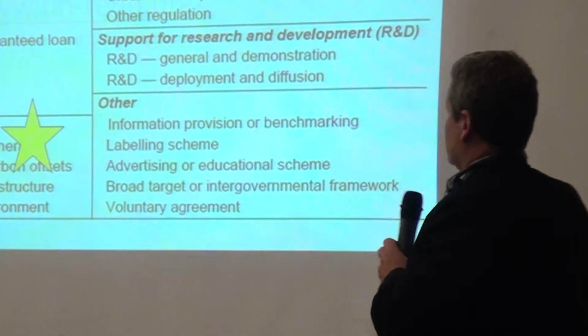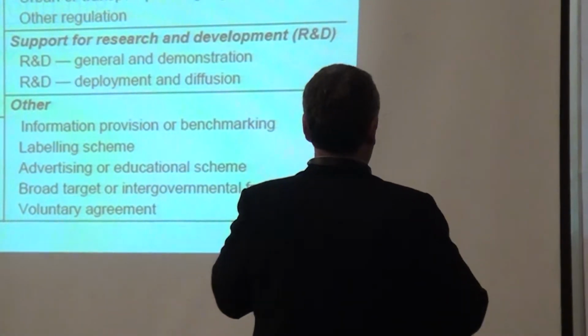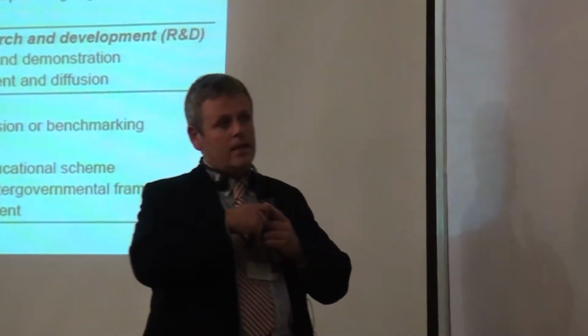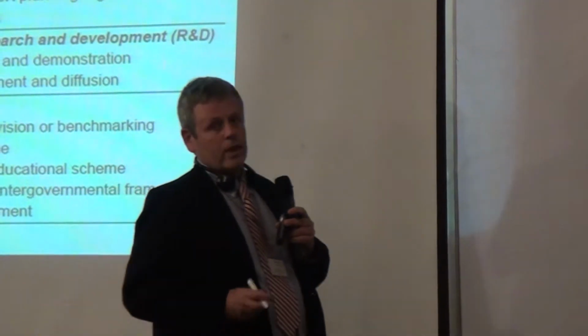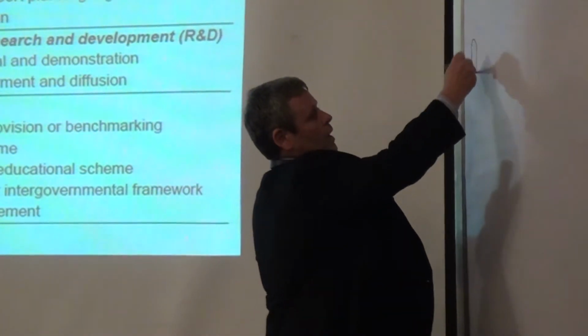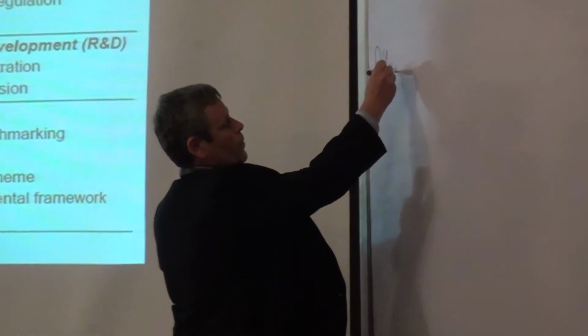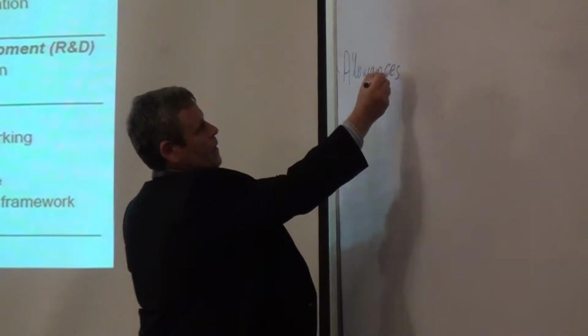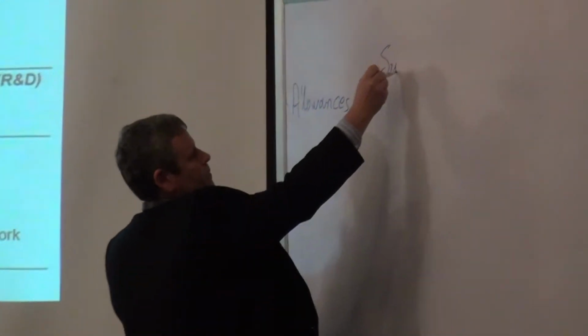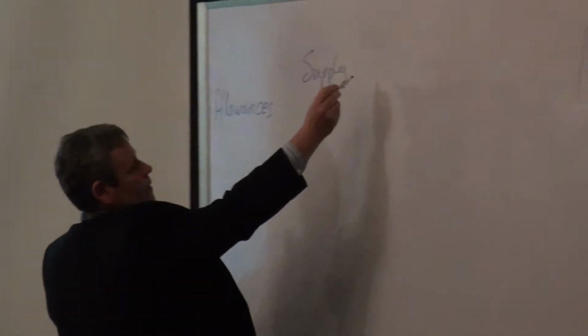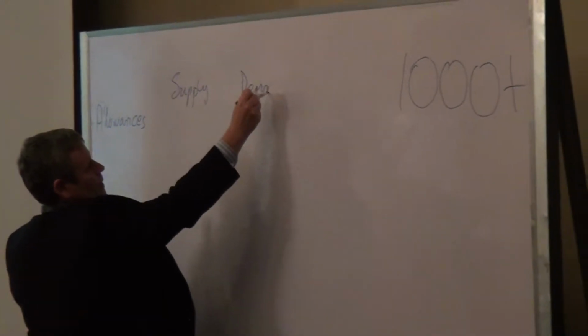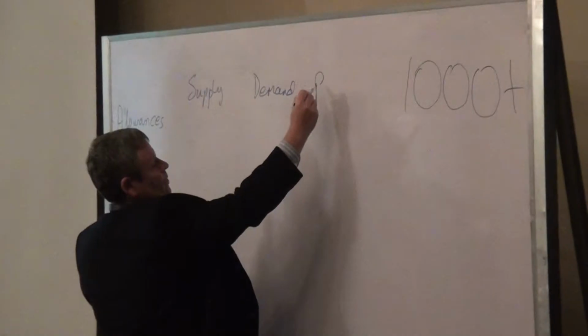All right. Well, to give you an idea, the key things we work with: allowances, supply, demand, and price.